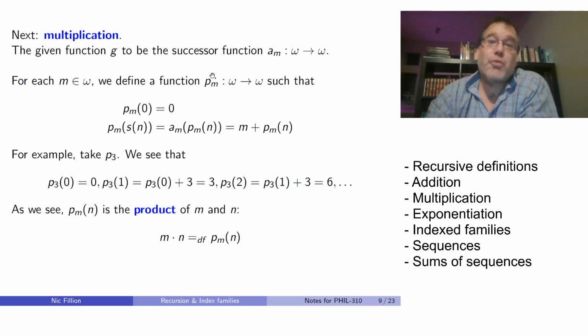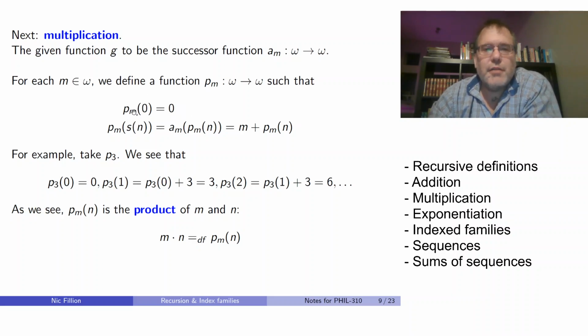P stands for product. Again, for each number m, we introduce a function P sub m from the natural numbers to the natural numbers. The first equation, P of m of 0 equals 0, just says m times 0 equals 0. But that's based on that recursive notation.